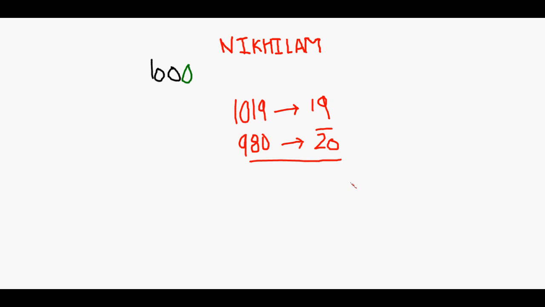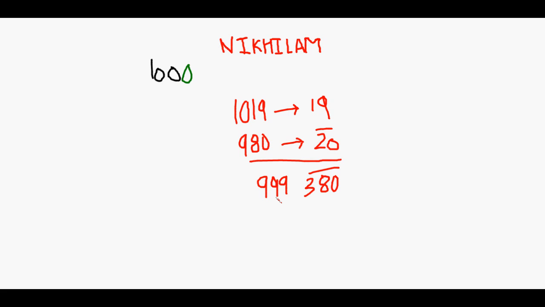Now add up 1019 and 20 bar, or 980 and 19. So we will get 999. And multiply the numbers on the right hand side, we will get 380 bar. 19 into 20 is 380 bar.